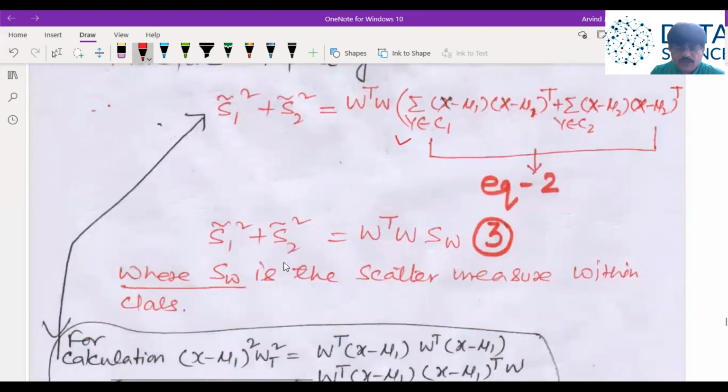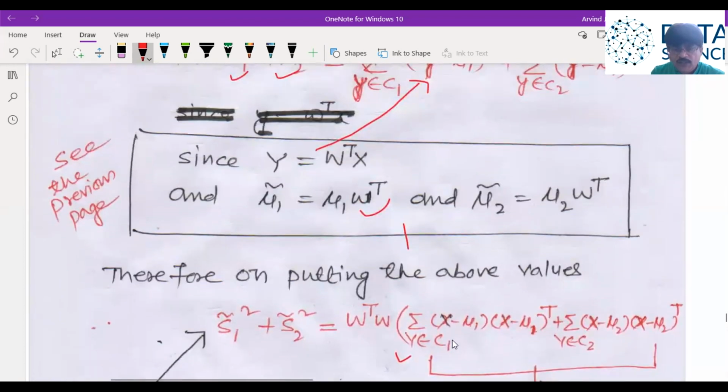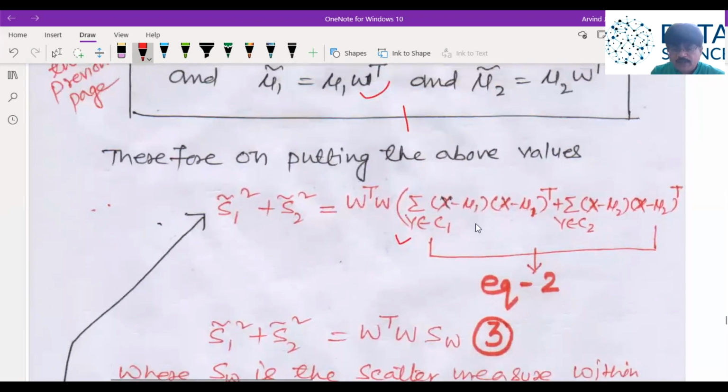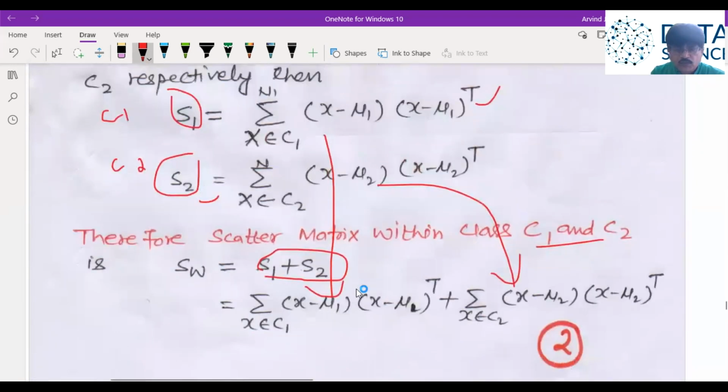For the calculation purpose, I have written it in short. This is W transpose W times (X minus mu1) into (X minus mu1) transpose, and here for class C2, (X minus mu2) into (X minus mu2) transpose. And this is equation number 2.